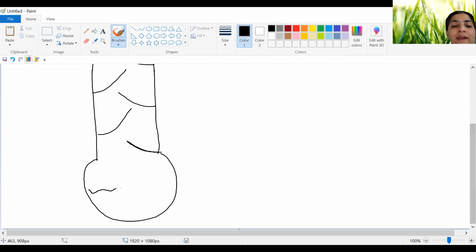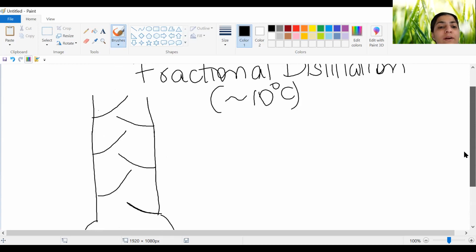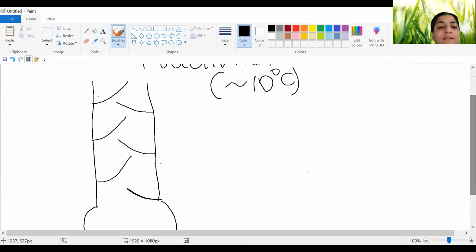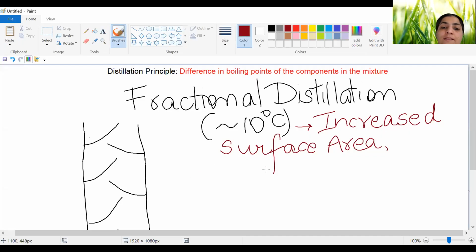So now if you look at my round bottom flask, I have a longer neck with small fractions right here. Why do I need these fractions? These fractions can be inbuilt or can be introduced from outside, for example, a copper wiring.